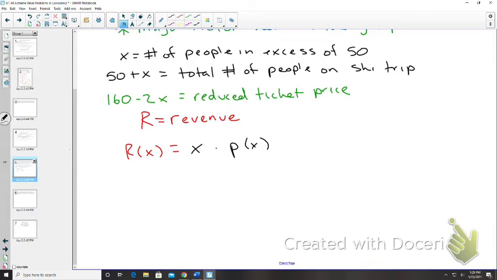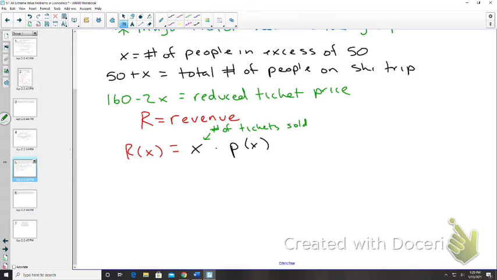Remember that x in our revenue function is the number of units or tickets sold. So how many tickets will we sell?